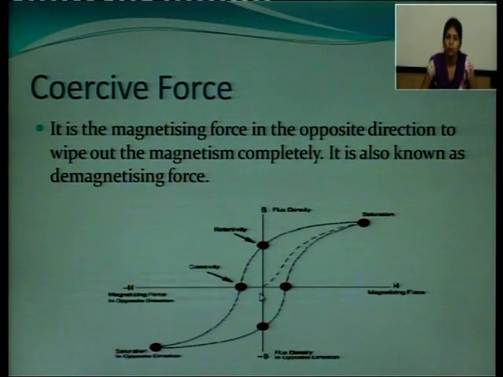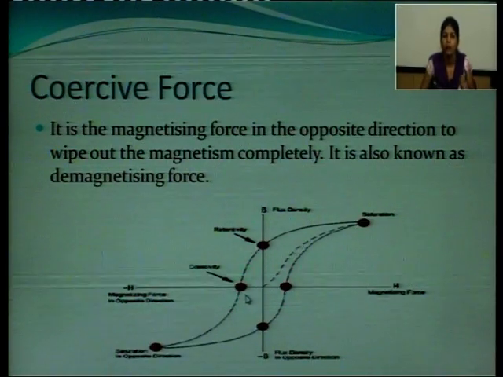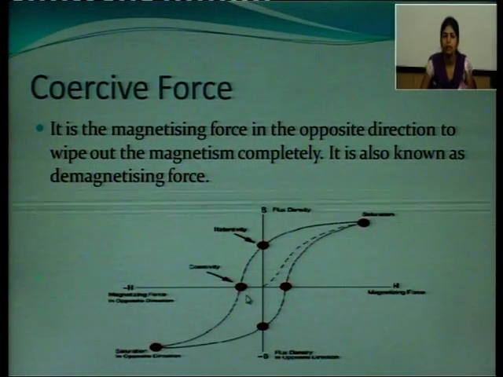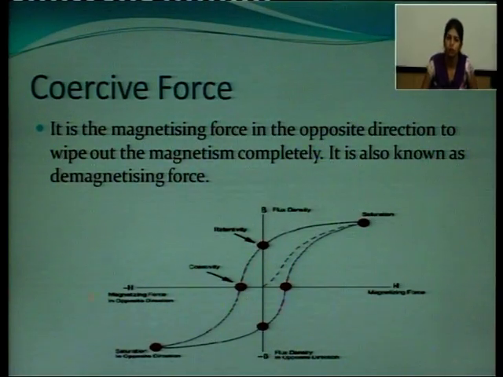When we apply the magnetizing force in the opposite direction to wipe out the magnetism completely, then that force is known as coercive force. So from this point to this point, this is known as coercivity. This is a hysteresis loop.